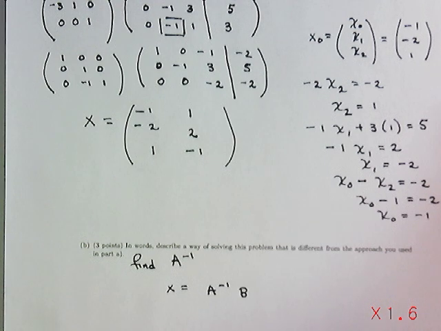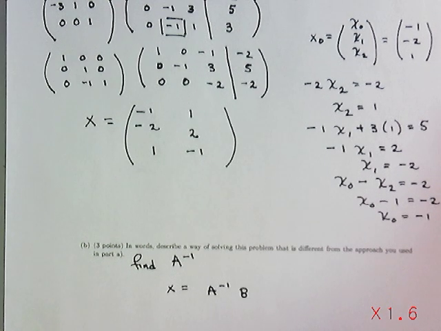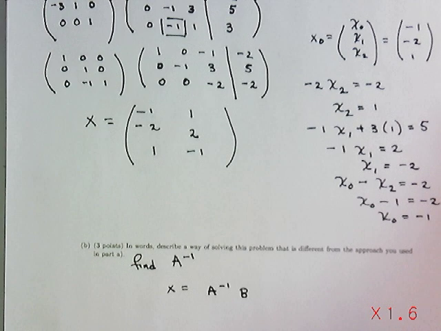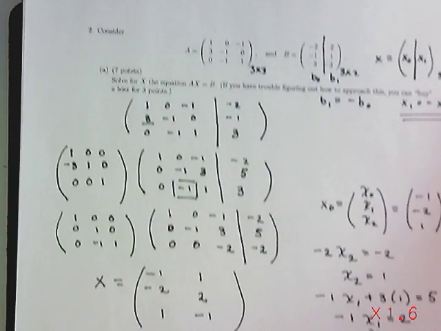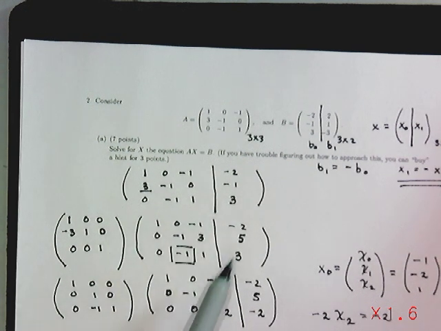What we could have done is we could have found the LU factorization for A, then used backward substitution and forward substitution to find x. So there are actually several different ways that we could have used in order to solve this system. I just like to use appended matrices, so that's my favorite. That's why I did it in this fashion.